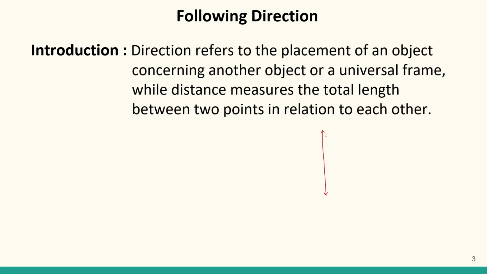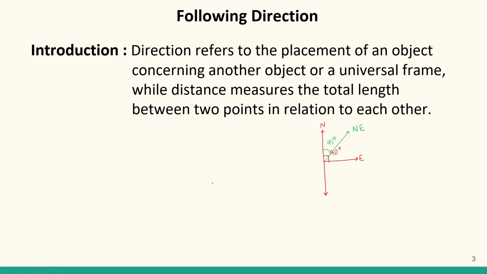Now, if I'm standing over here and I have to turn 90 degrees, this is my north, this will be my east. So this is a 90 degree turn. What if I have to turn only 45 degrees? I will be facing northeast.